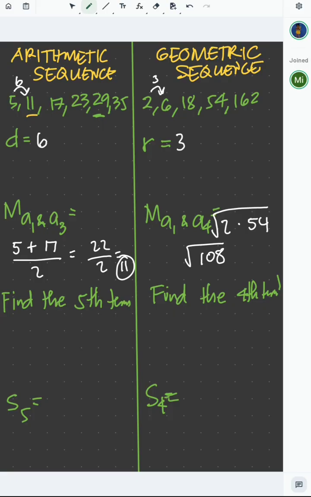Yeah, maybe you don't need to write the decimal, or you can factor 108. That is 54, right? Okay, 108, 27. So maybe 27 times 4, so that is 2 square root of 27.